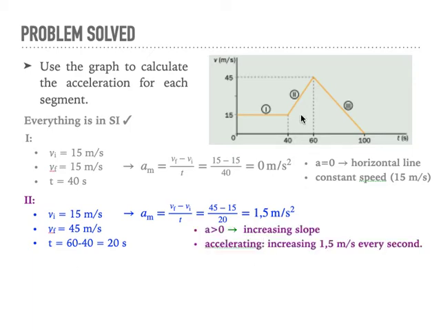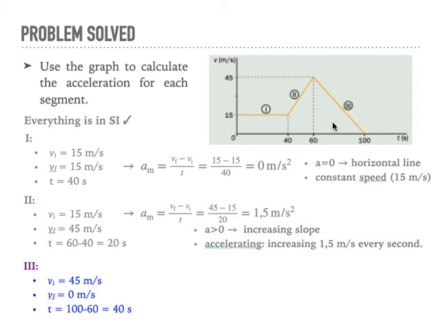And so here we see that the acceleration is positive when I have an increasing slope. And what it means here, again, this number, is that it's increasing 1.5 meters per second every second. So every second we have a velocity that is bigger by 1.5 meters per second.